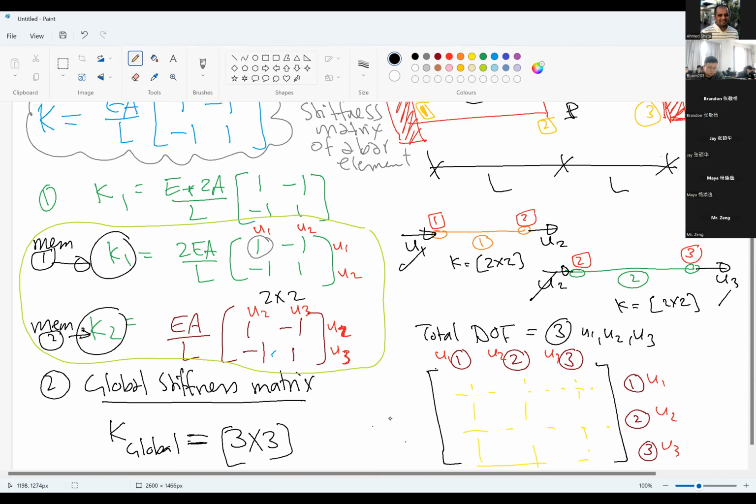What we need to do here is, because K global has a common factor of EA by L, I will take it outside here, EA by L as a common factor, and we will have two. So just edit this one, remove the two from here, and take it inside. So this will be 2, -2, -2, and 2, just to make it easier when we calculate.